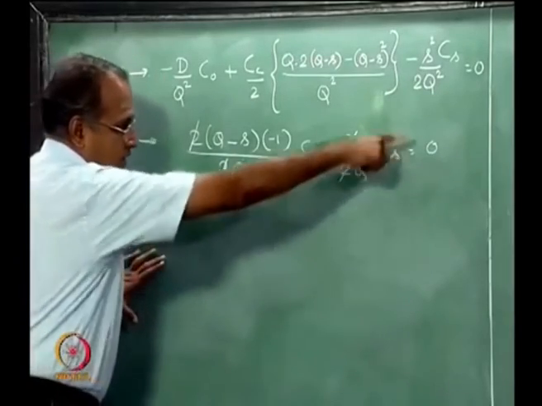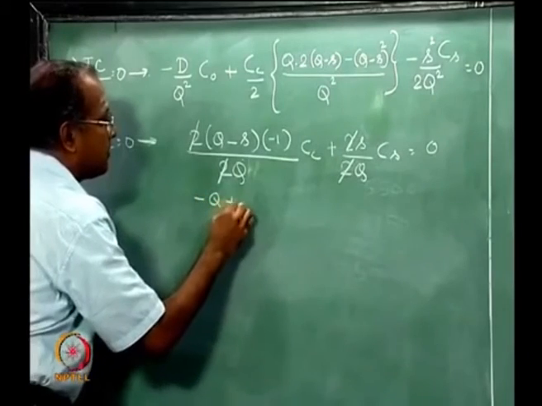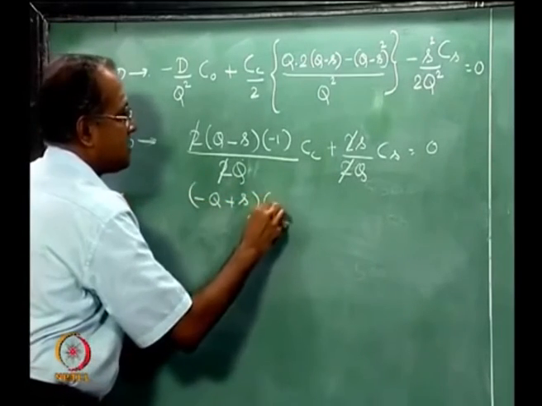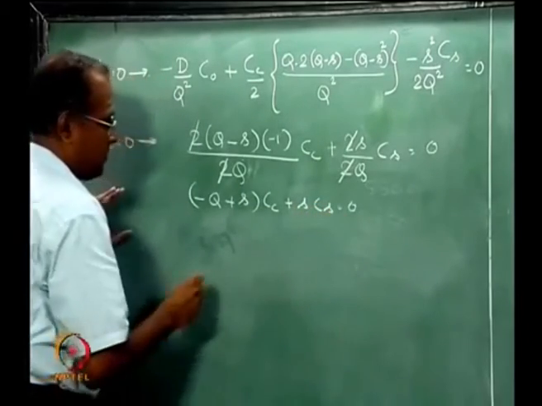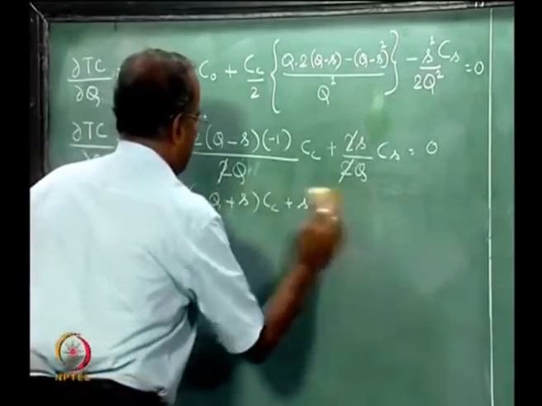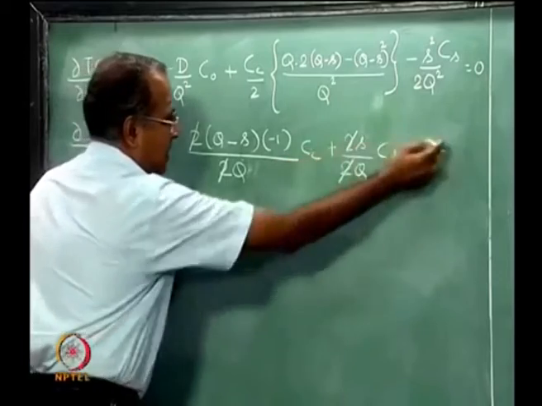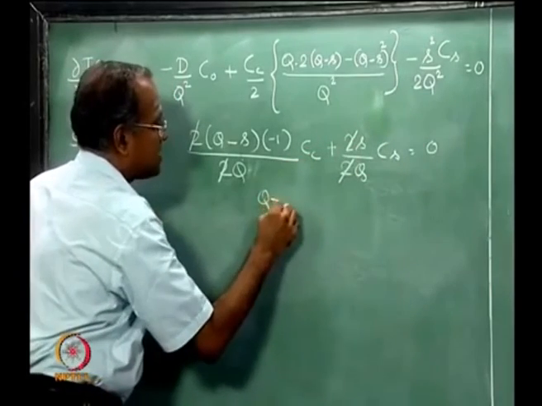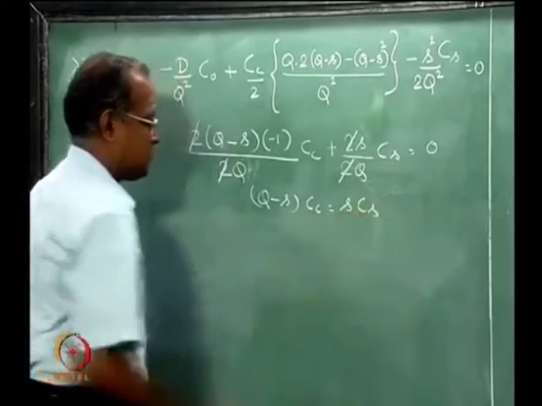When you take this q to the other side, it goes. So, we have minus q plus s into Cc plus SCs equal to 0, or let me simplify it differently. I will simply take this term to the other side. So, q minus s into Cc is equal to SCs.